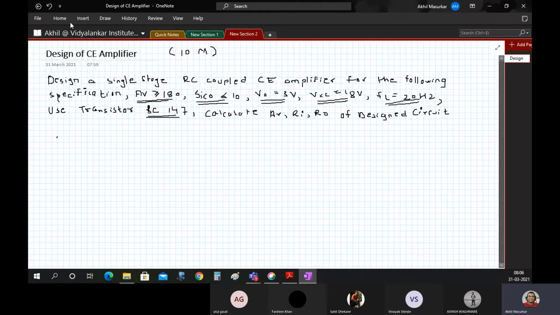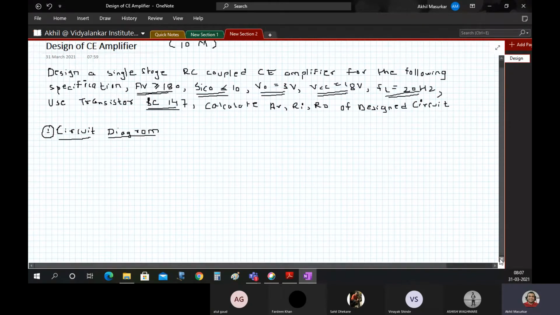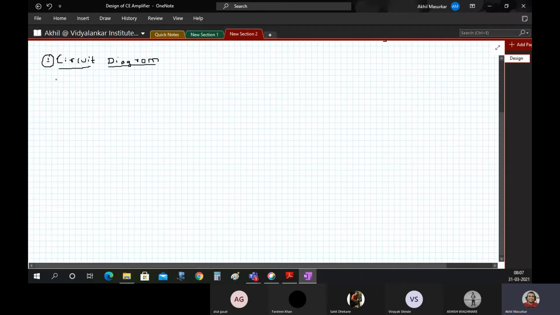So when we start with any design, the first thing that we always have in hand is the circuit diagram. I want you all to write down the steps properly. The first thing will be the circuit diagram. Obviously in the design you should know what you are designing, and what we are designing here is an amplifier. So let us draw the amplifier.